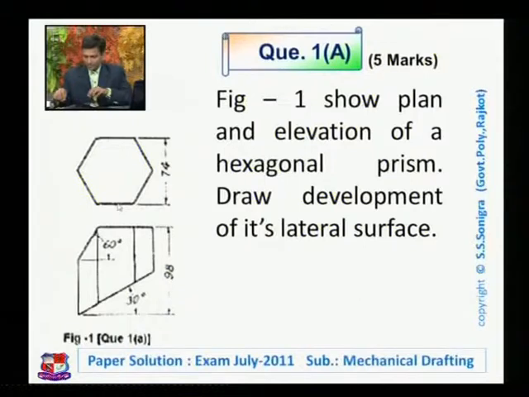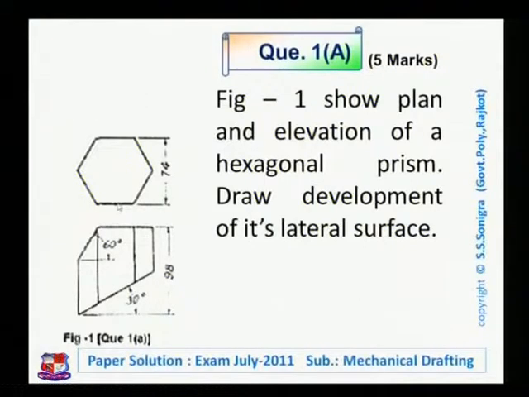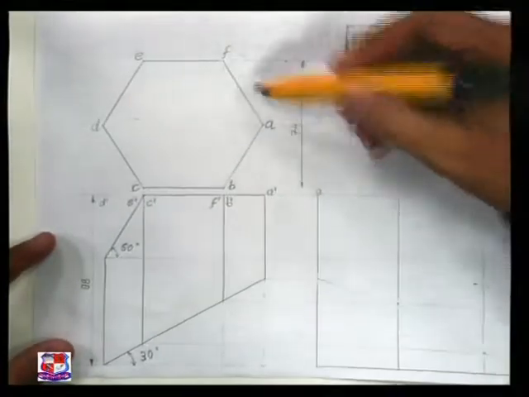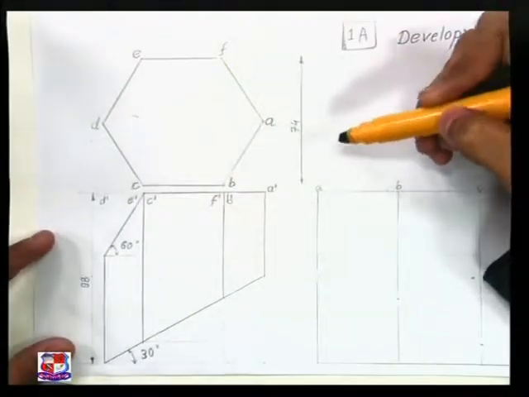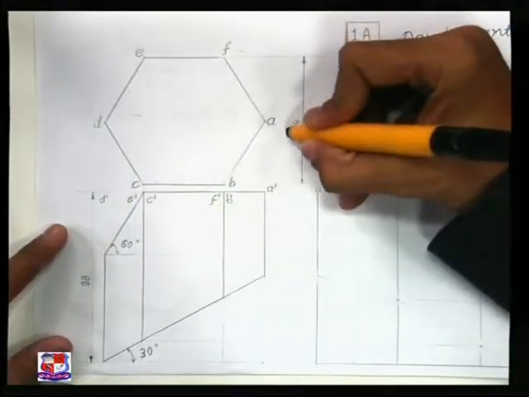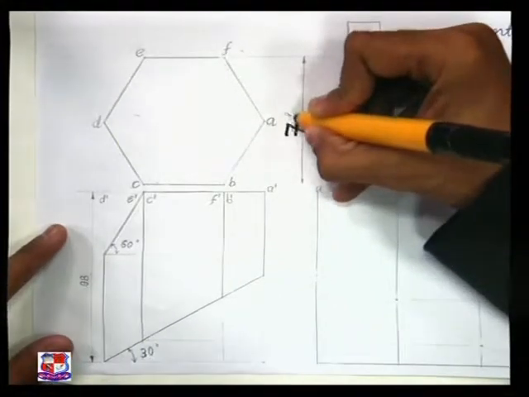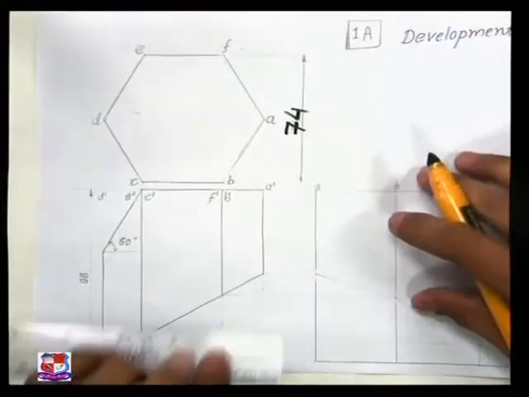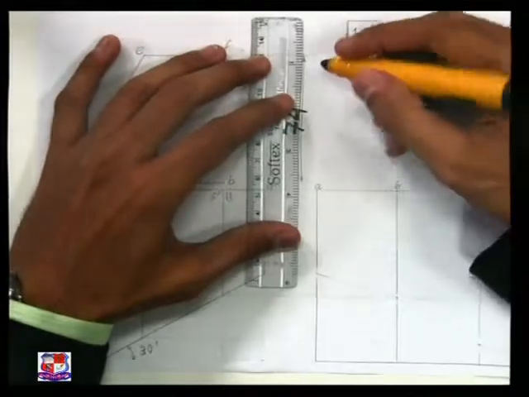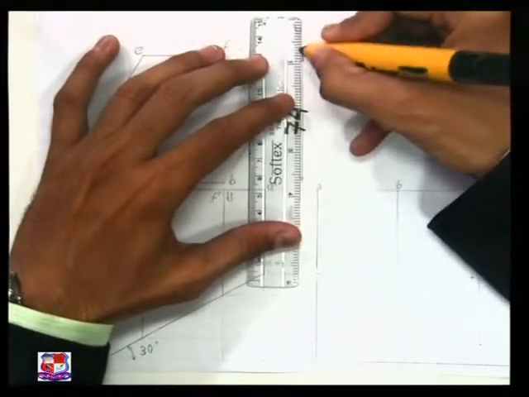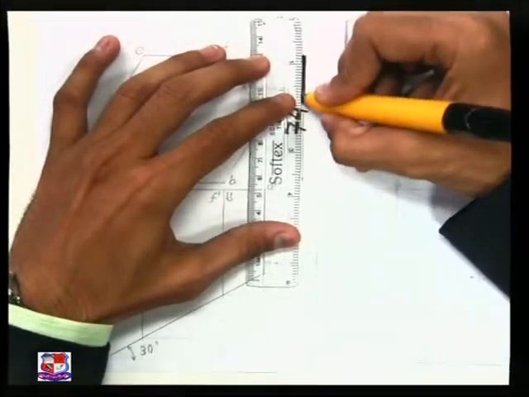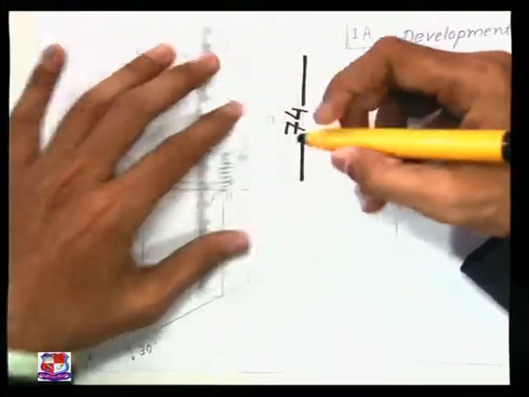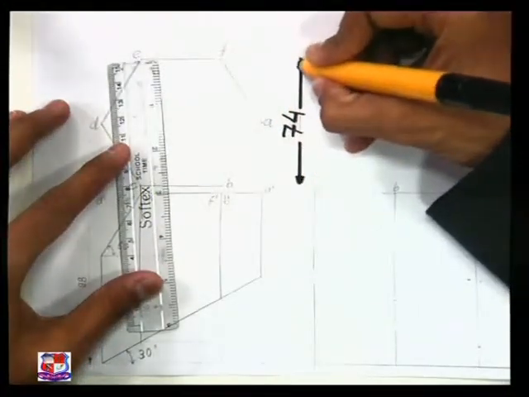So let me draw this object over here. The given data is like this. Two sides are given which are at a distance of 74 mm. So first of all, draw two lines at a distance of 74 mm from each other like this. To find out the position of other points or the side length of the given object, what should we do?